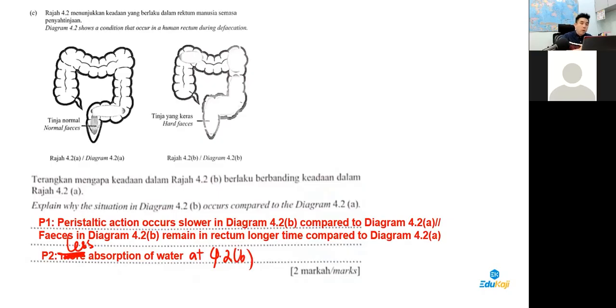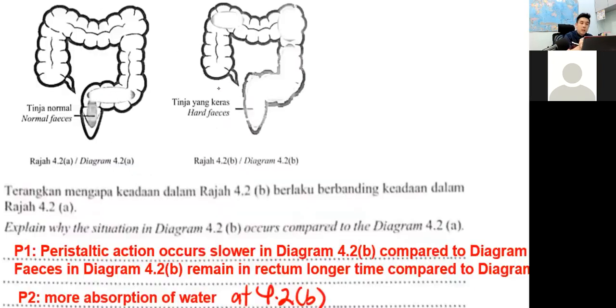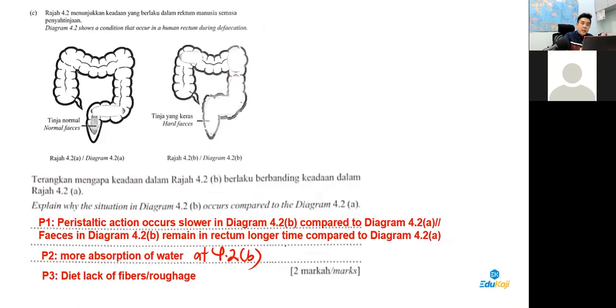No, it should be more, more is correct. More water absorption at 4.2b. Meaning the subject, the person, is dehydrated or did not drink sufficient water, because when you don't drink enough water, the reabsorption is higher.